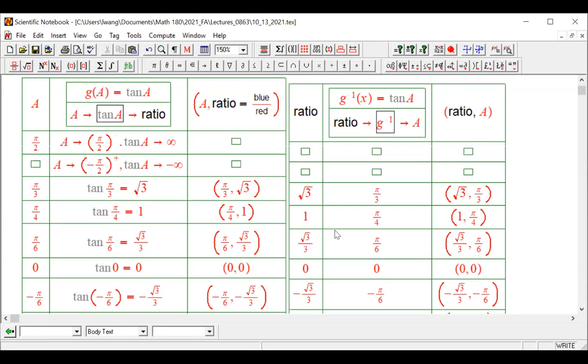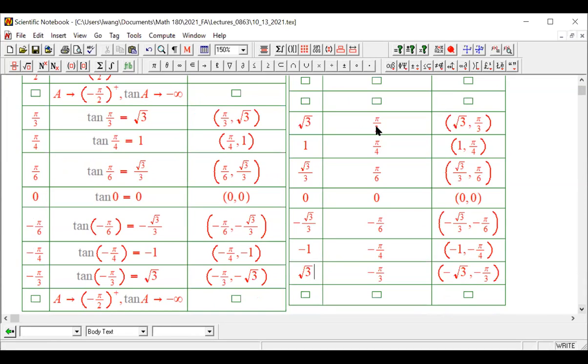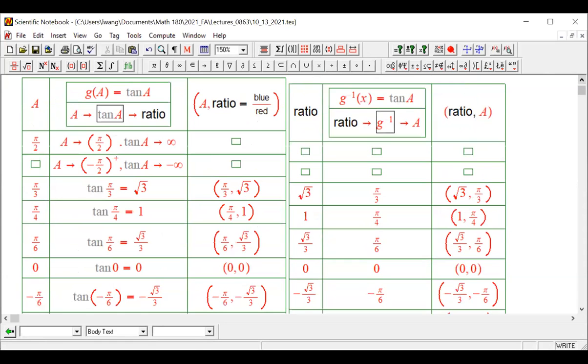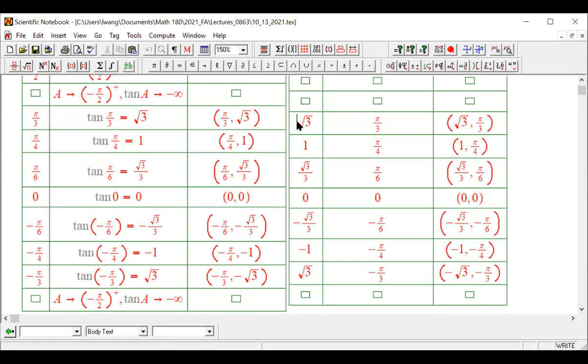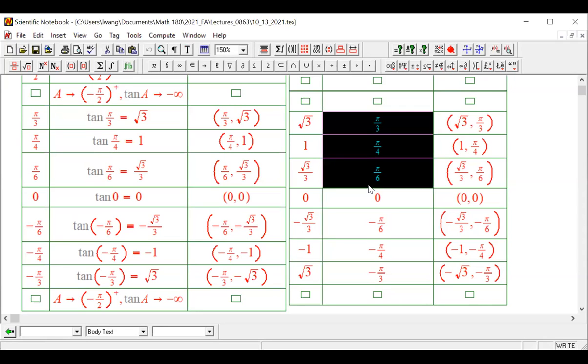Next, with all these swaps, what is the new function we have here? Of course, it's not tangent anymore. It's arctangent of x. So the input now is ratio, turned into angle. And these are the ratios, and these are the angles.